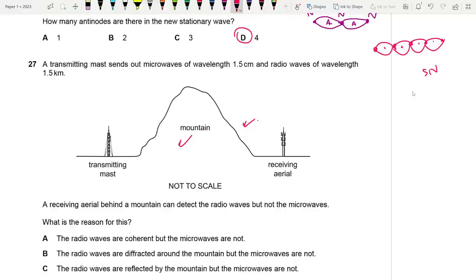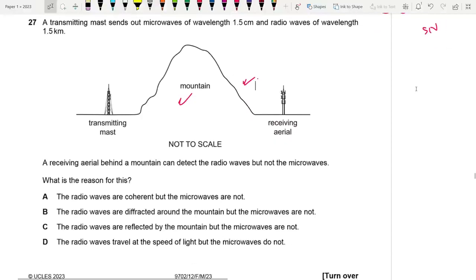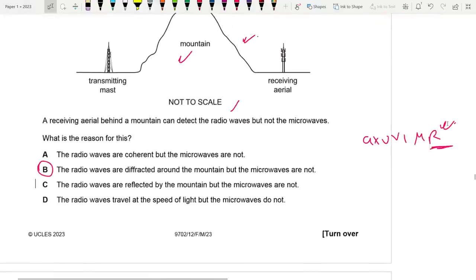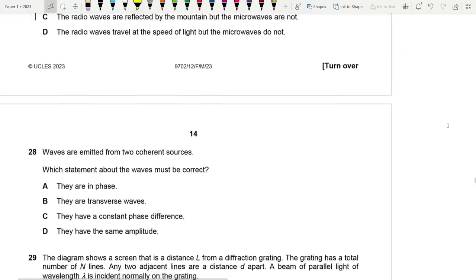The greater the wavelength, the better the diffraction, essentially. Radio has greater wavelength than micro, so it can be diffracted more easily. So the answer is basically B, because radio waves have a bigger wavelength. They can be diffracted easily around the mountain, but microwaves cannot. That's why we use radio waves for telecommunication.